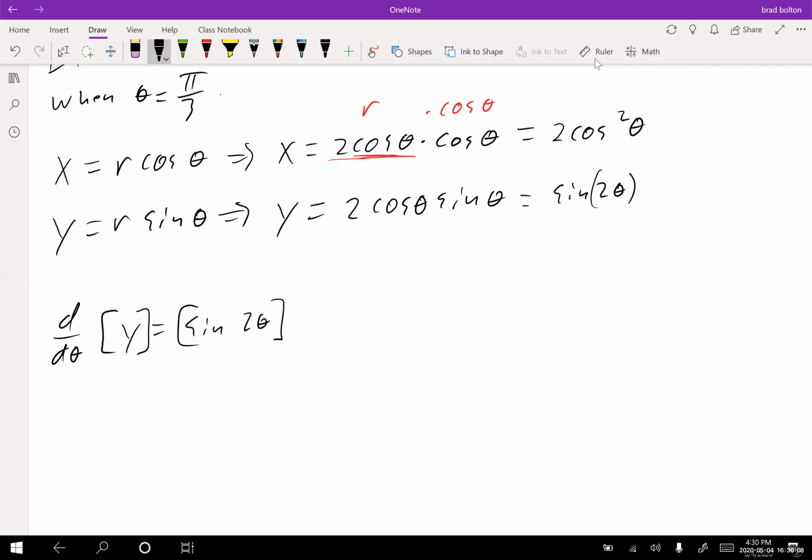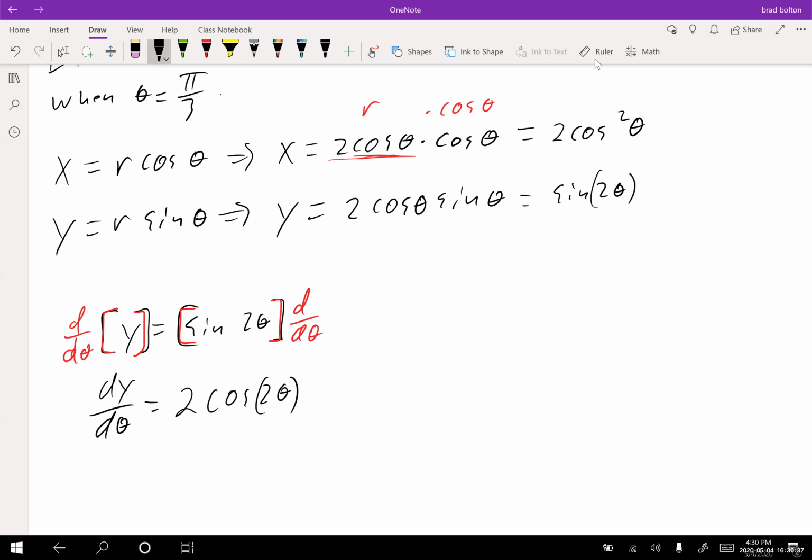So I'm going to take d/dθ of both sides. Okay, so this should be dy/dθ is equal to what? 2 cosine 2 theta.